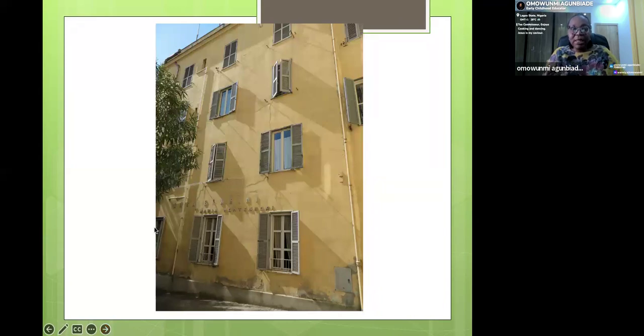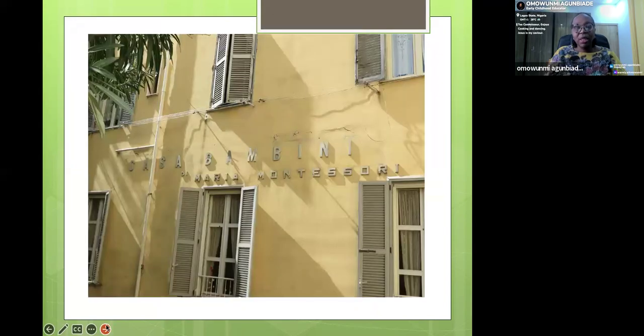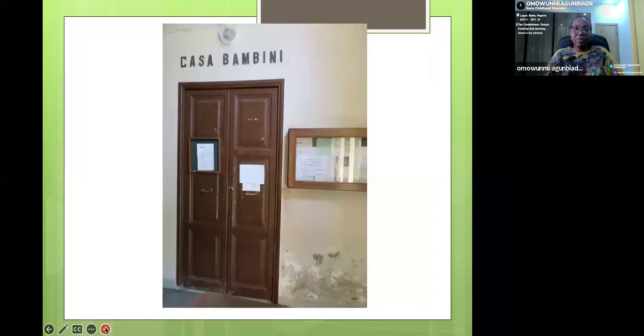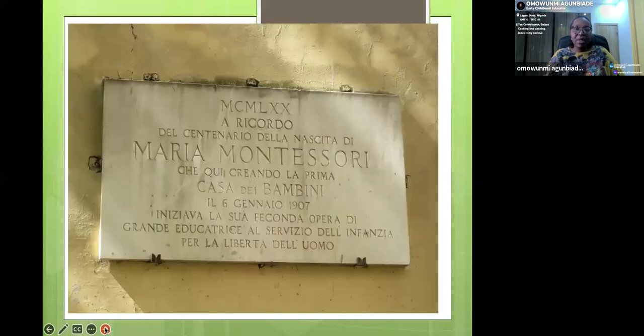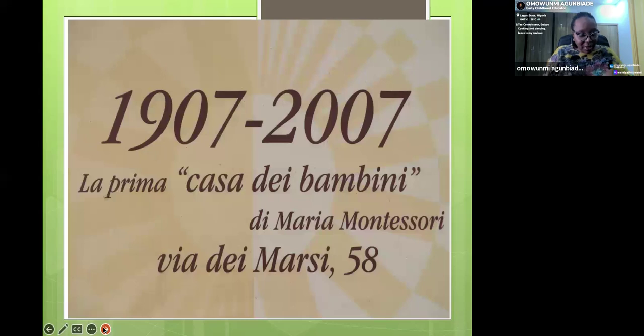So the garden, this is another view again of the building. Like I said, this was taken in 2014, sorry. So this is another entrance, the main entrance to the class. Okay, so that is that for our first slide here.